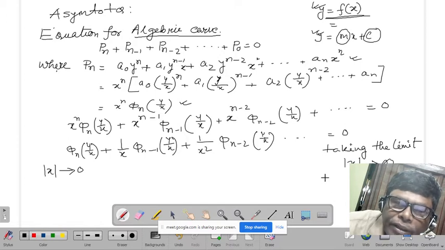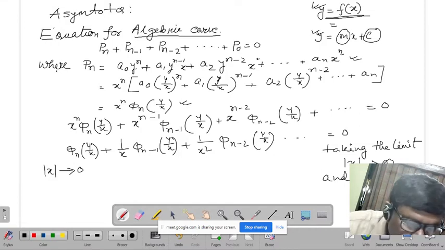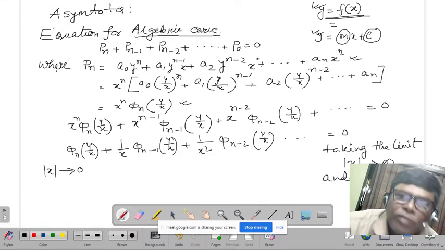So y by x tends to m. M is the slope of the curve, okay. So now see, from here you check it, y by x is equal to m plus c.